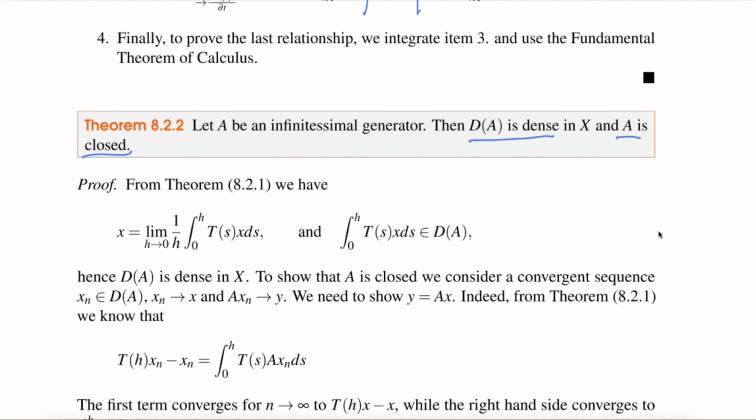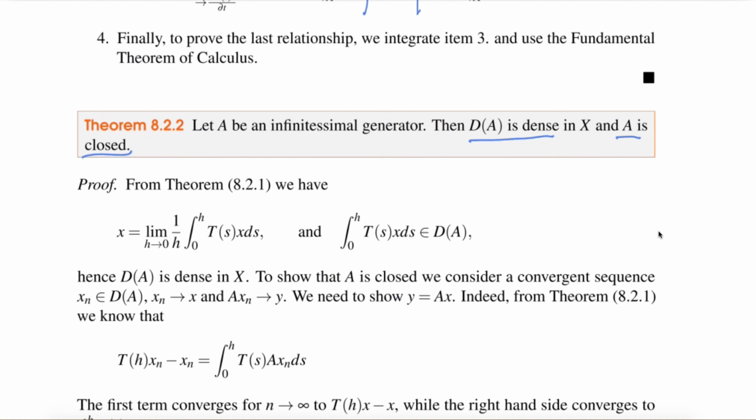We have a generator and we want to know if we can find a semigroup. And so the necessary conditions would be that the domain is dense and that A is closed. So if you read papers about this kind of stuff, this is what people do first. They first ensure that the domain is dense and that the operator is closed. Otherwise, they have to do something else.